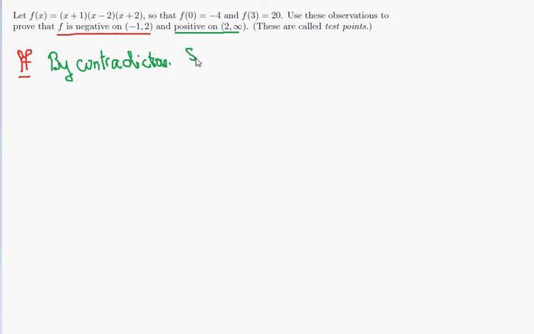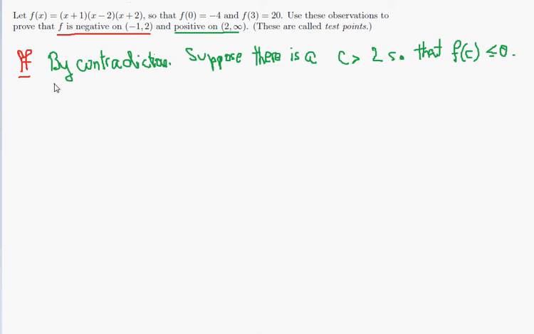Suppose there is a c greater than 2 so that f of c is not positive, which means that it is either 0 or negative.